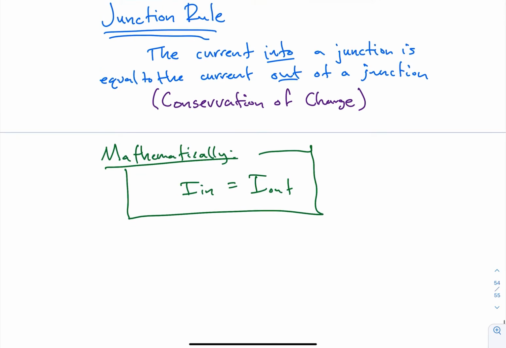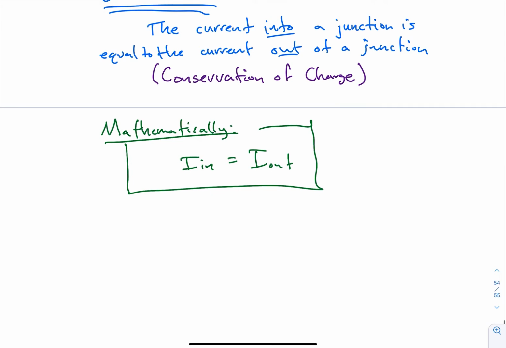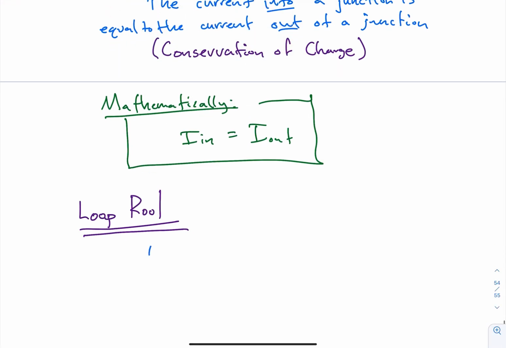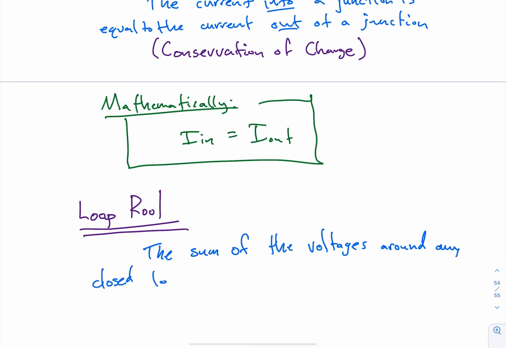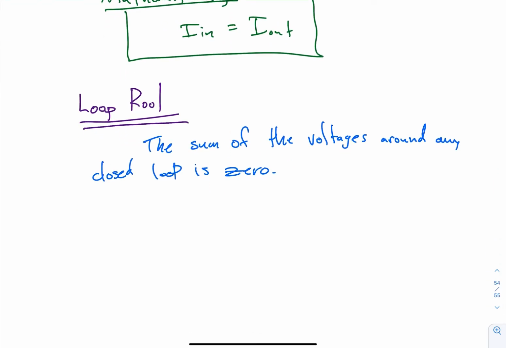The other rule is known as the Loop Rule. The loop rule simply states that the sum of the voltages around any closed loop is equal to 0. And of course, we'll give you this mathematically.